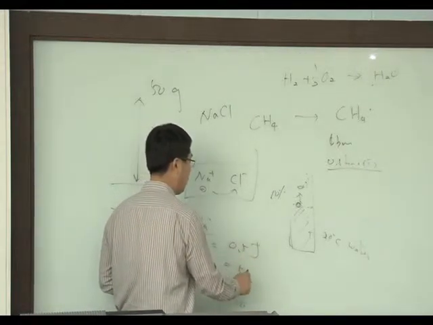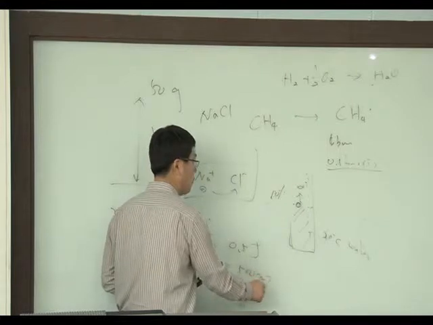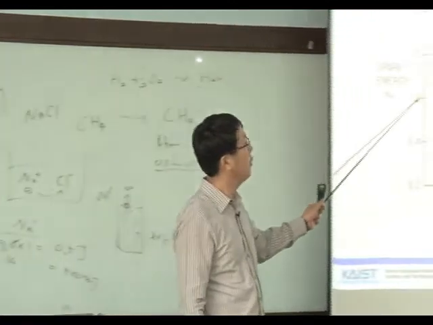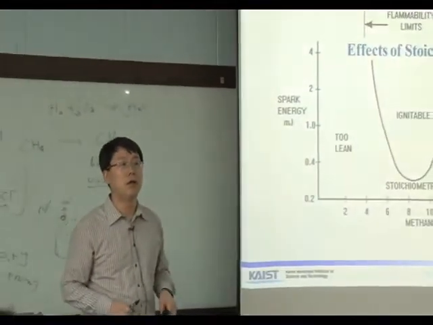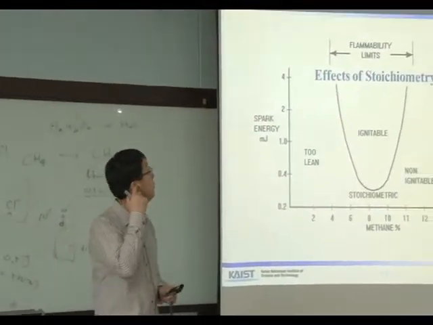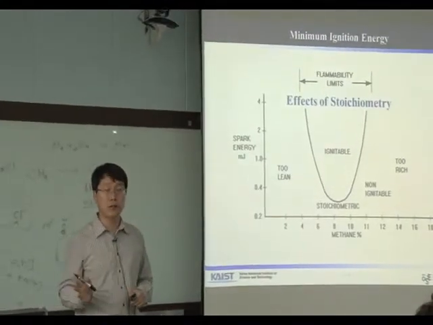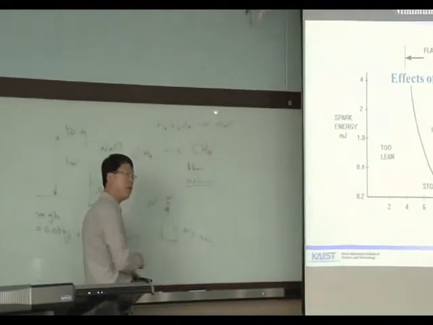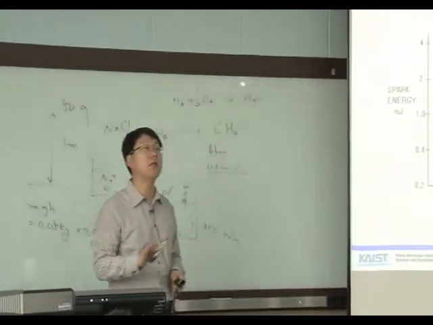That means 500 millijoule. Okay? The minimum ignition energy is just 1 millijoule. So it is 500 times greater than the minimum energy.